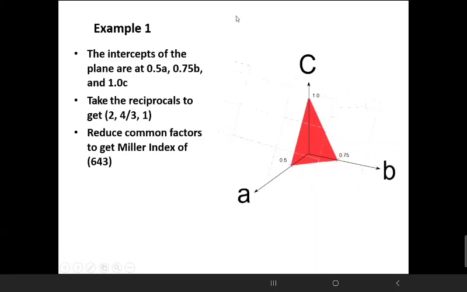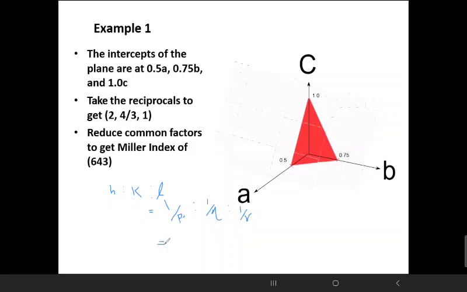So let me find out the Miller indices. h : k : l equals 1/p : 1/q : 1/r.